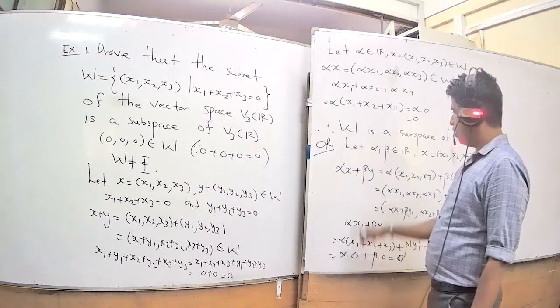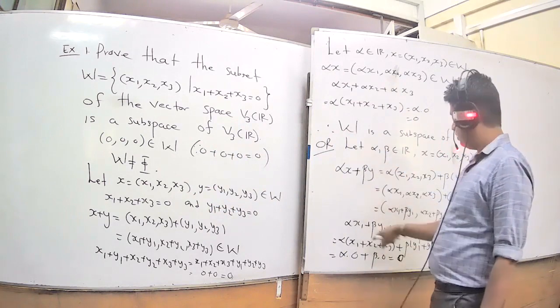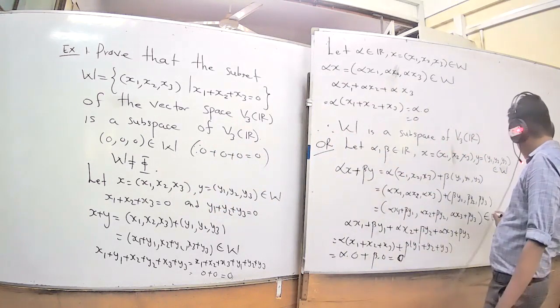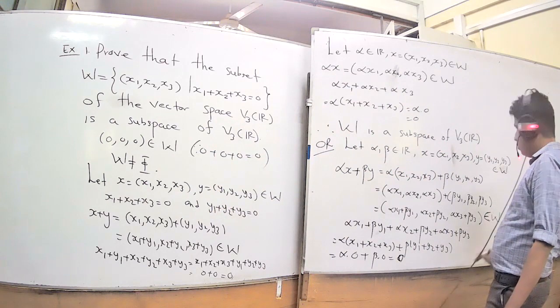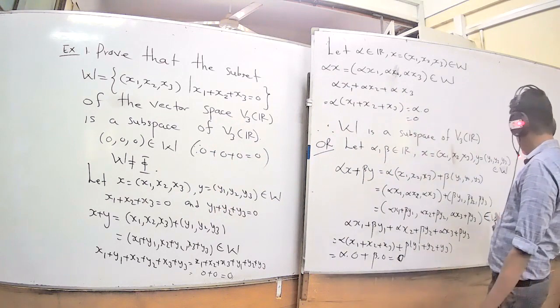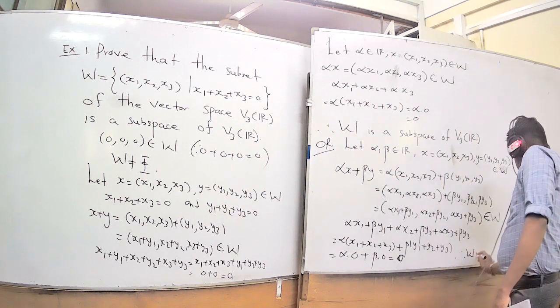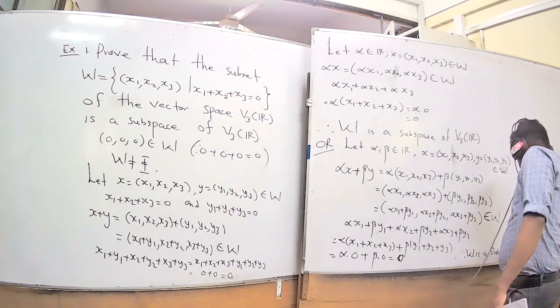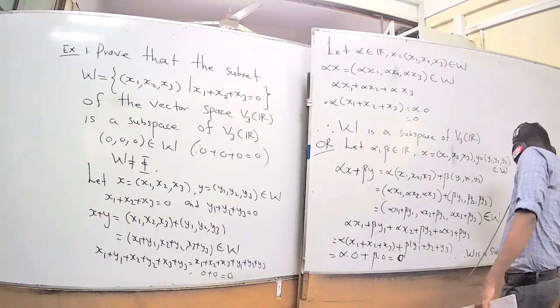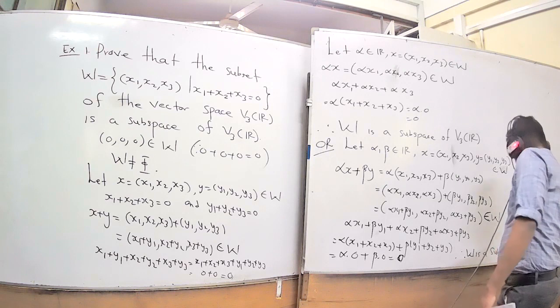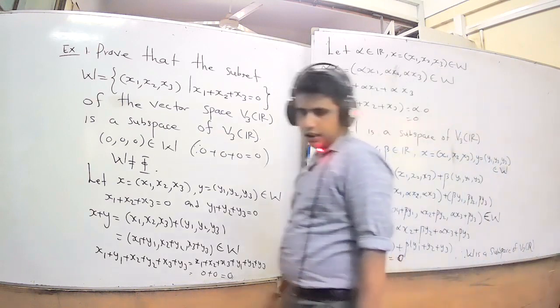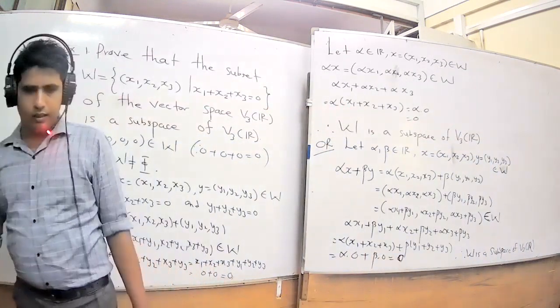Therefore, this one belongs to W. So it is a non-empty set and also belongs to W. Therefore, W is a subspace of R3 over the real numbers. Is it okay?